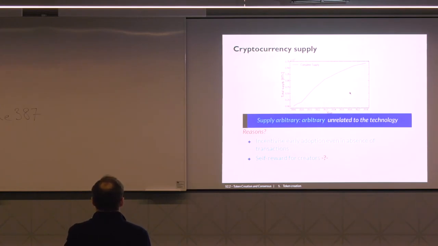Why? Because at any point in time, if I know that bitcoins are being created, I have the incentive to mine cryptocurrencies as soon as possible, because I know that the supply that is going to exist inside of the system at any future point in time is going to be lower. Okay?